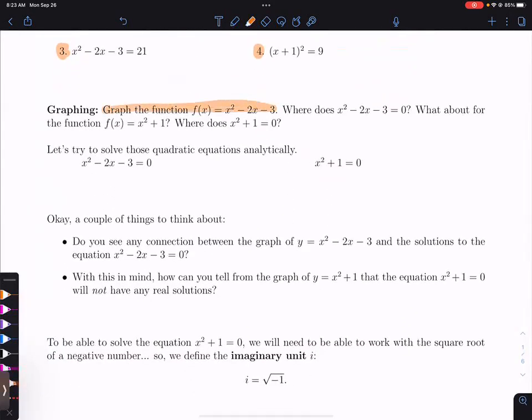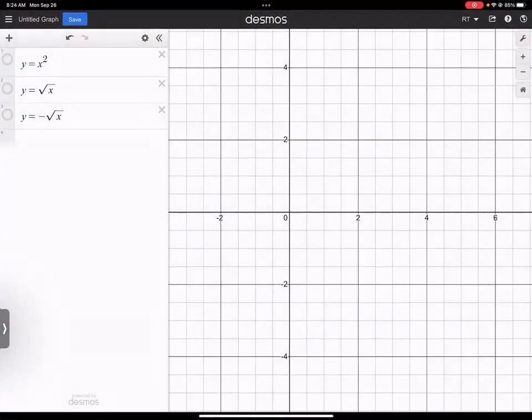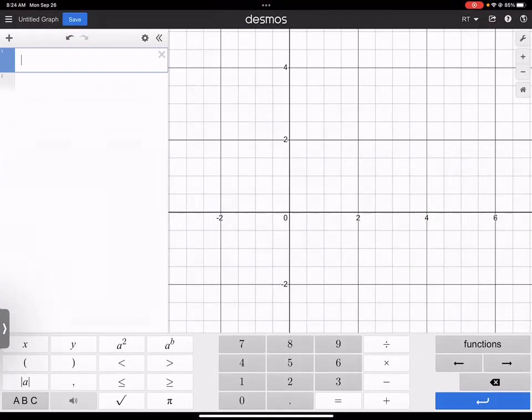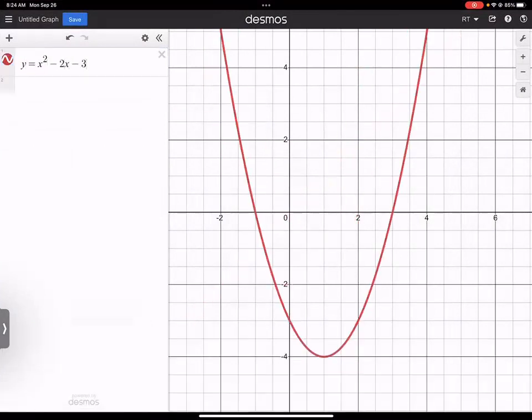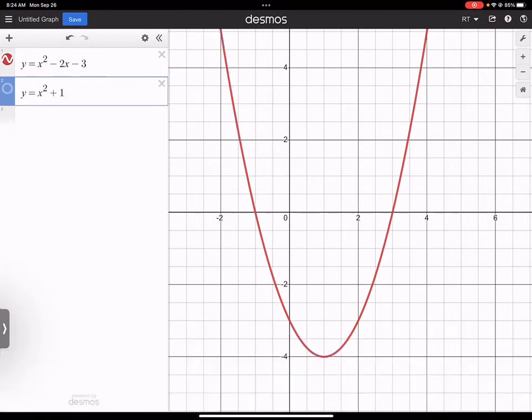Graph that function. All right, x squared minus 2x minus 3.